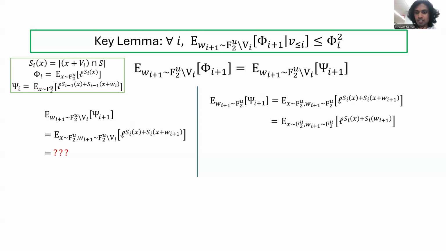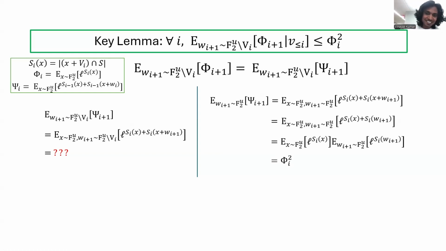And now we have the expectation of a product of 2 terms which are independent, and so we can turn it into the product of the expectations. Each factor is simply phi sub i. And so we get that the global average over all of F2 to the u of psi is equal to phi sub i squared.